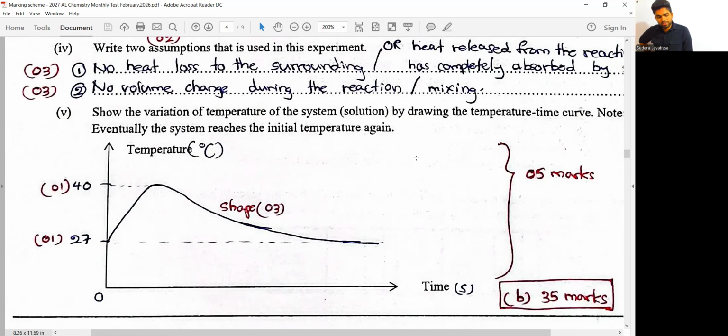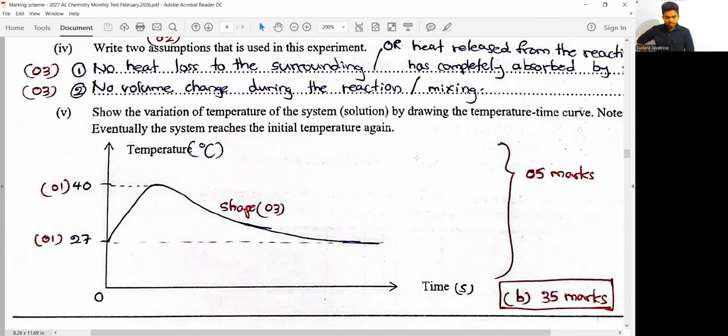But the heat losing process is happening slowly because the system needs to push the heat away to the surroundings, and that is happening through a plastic container. Plastic is not a good thermal conductor. That's why the slope becomes a very low gradient.